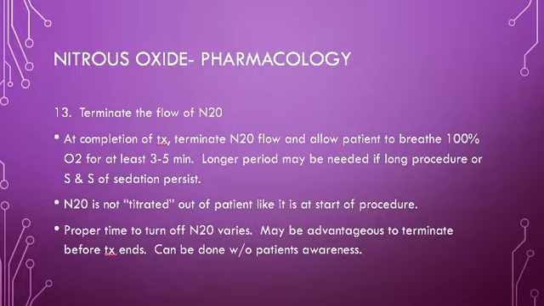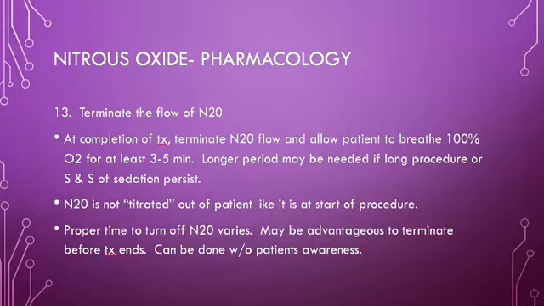Now, once the patient has come back to normal and they've been on oxygen for at least 5 minutes, you need to make sure that the patient is feeling well and that they are not having any additional side effects from the nitrous oxide.